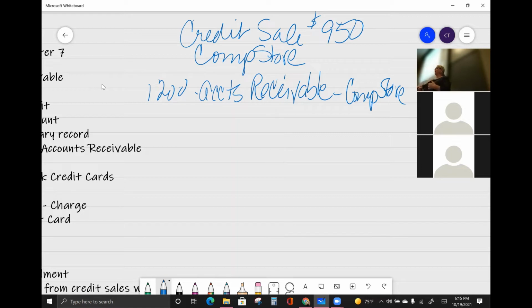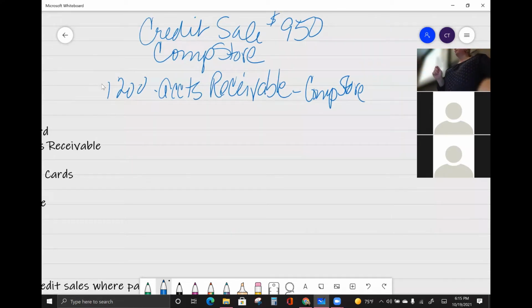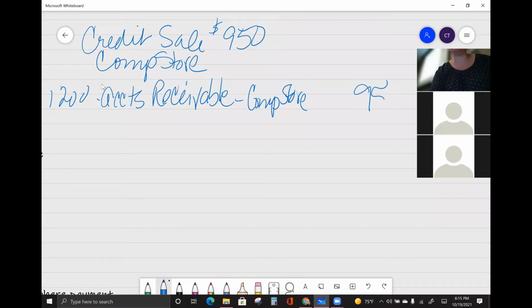So internally, this is what the system's doing. It's saying, okay, we have an accounts receivable. They're going to pay me later. Let's go into my control account. Comp store is who we're selling to for $950. And then I have my sale for $950.